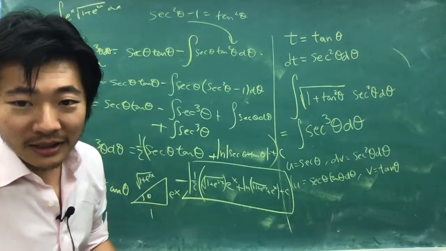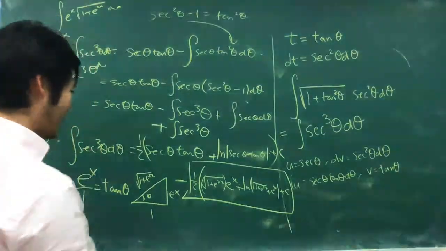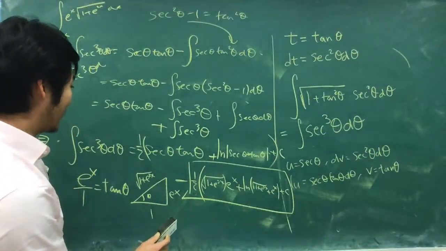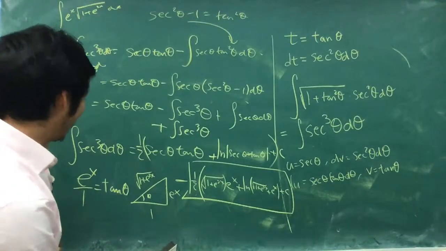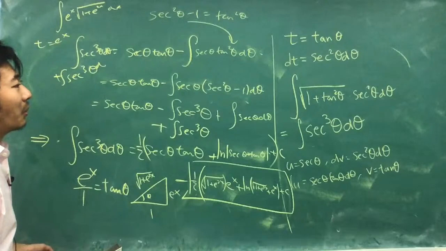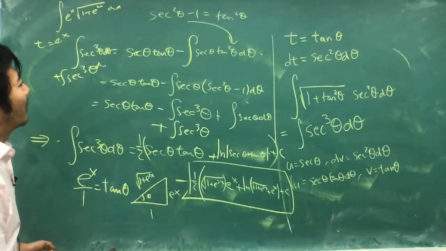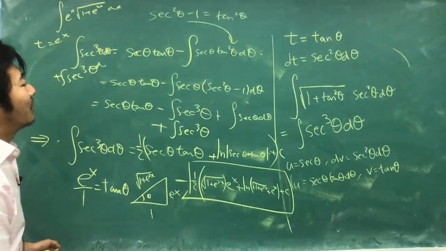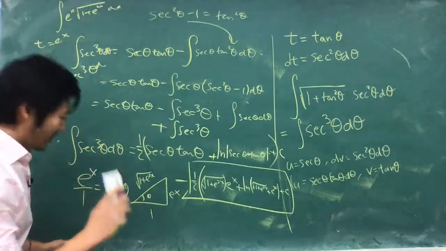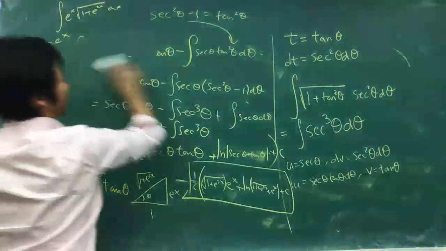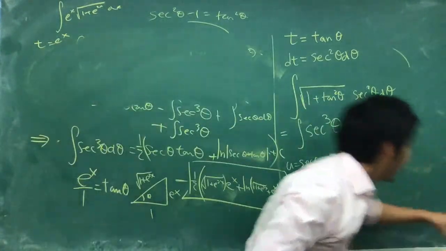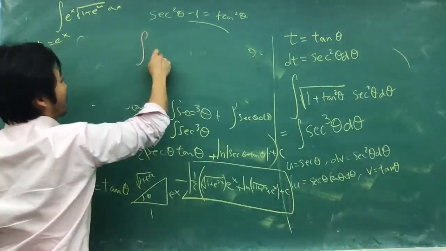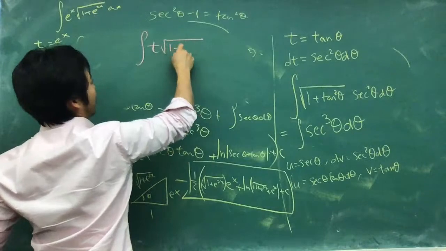Are you missing a t outside the square root? Oh, okay. So let me use a different color. You're probably thinking, wasn't it like this?